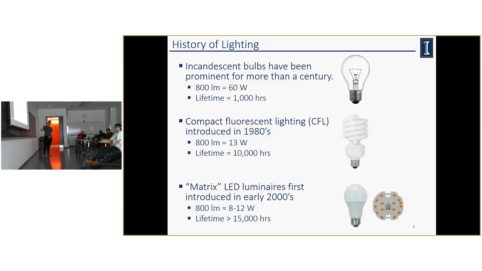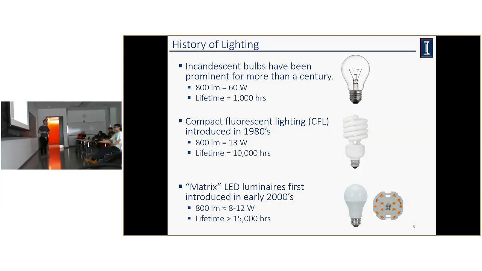So then compact fluorescent lighting was introduced in the 1980s, and it's an older technology, but that's when it became prevalent in industry and for consumers. In this case, it takes about 13 watts to produce the same 800 lumens of light. So you can already see the quote-unquote efficiency gain from using this technology.